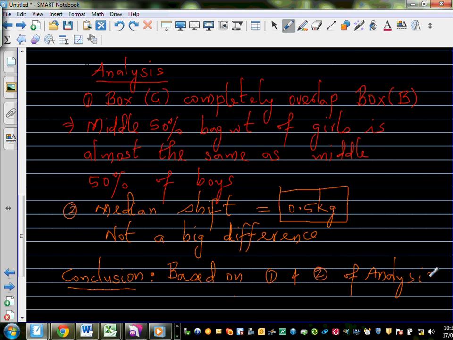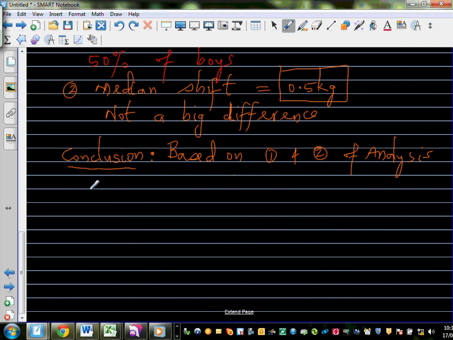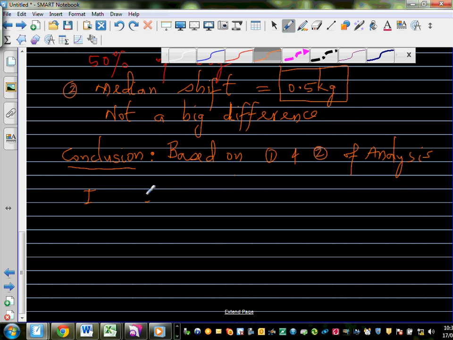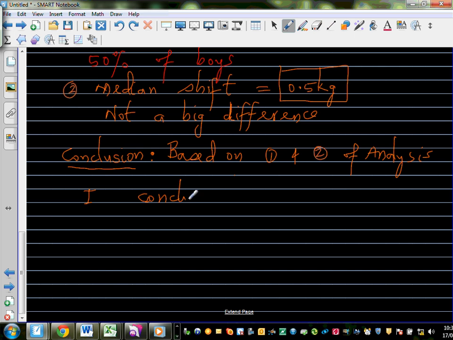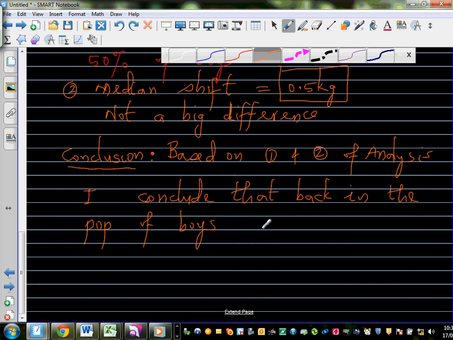I want you to stop and think. I conclude that back in the population of boys and girls, because that's what we are doing: from sample statistics we are talking about the population statistics.